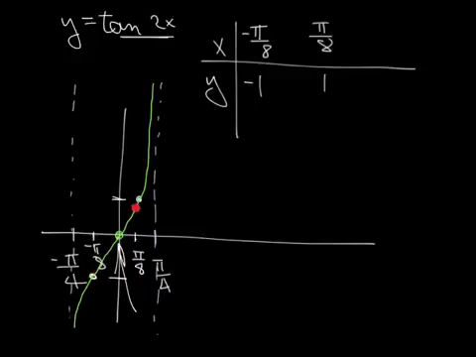This middle one isn't always going to be 0, 0, but if we took our 0 and put it in there and got a y of 0, then we've got 3 points and we can draw our graph. If we had something like example number 4, I'll start another video for that one.